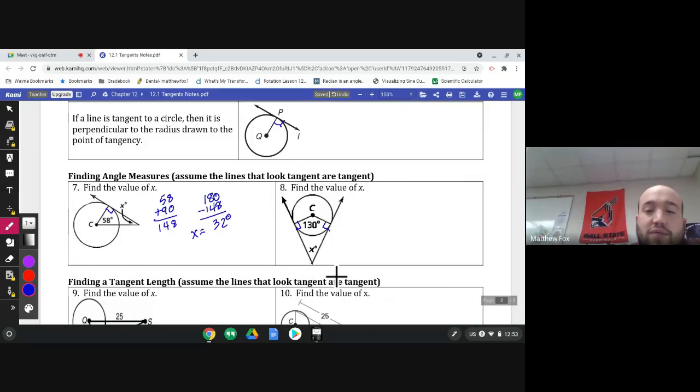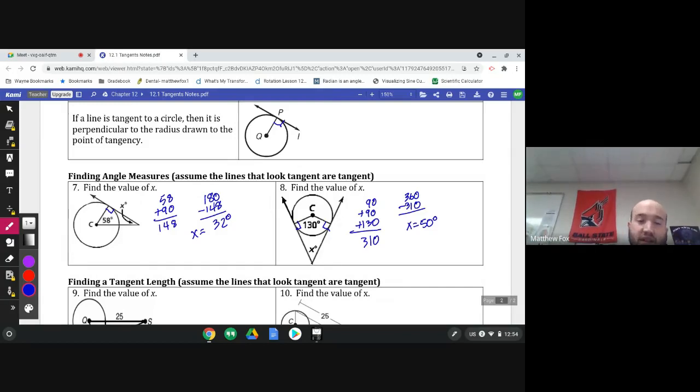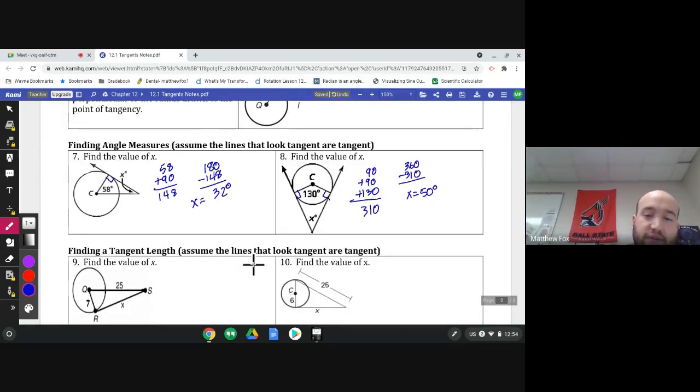So in this case, we have 90 plus 90 plus 130. If we add all those up, we get 310. Take that 360 minus the 310, and x will equal 50 degrees.